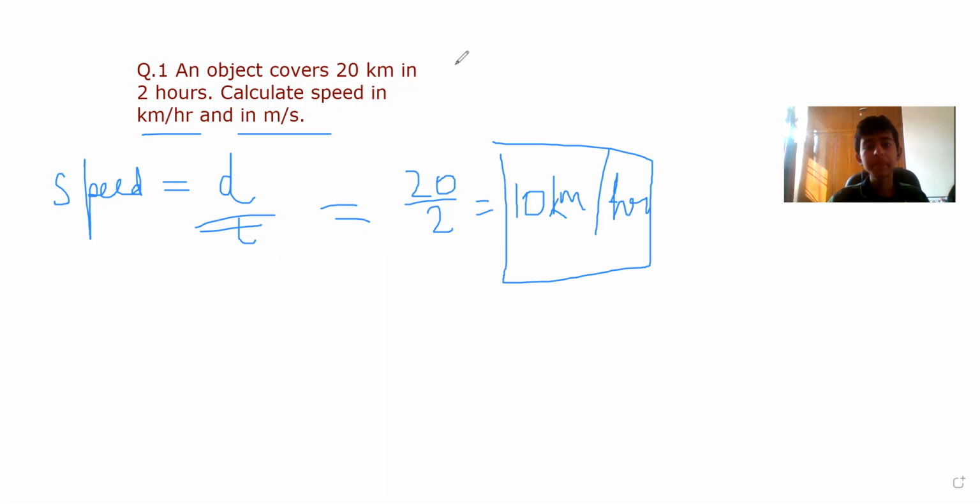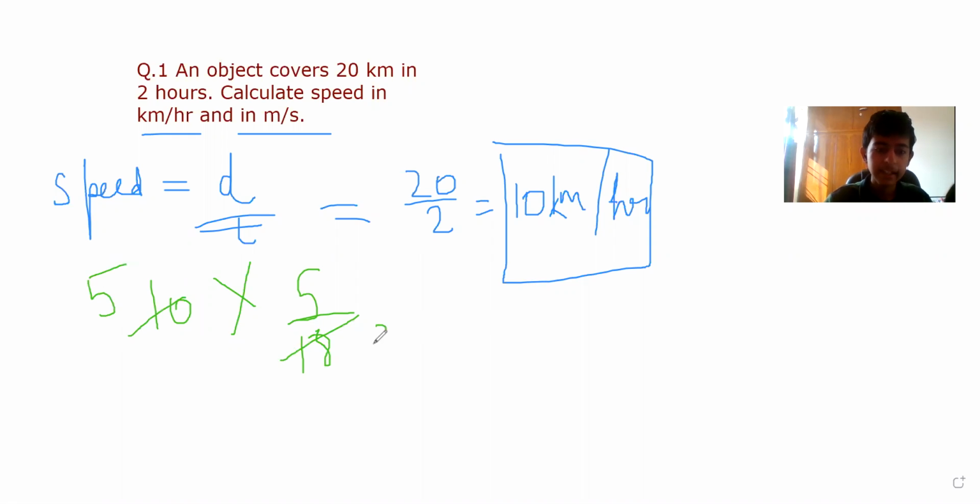How to convert into meter per second? Just now I have told you. If you want to convert into meter per second, you have to multiply by 5 upon 18. So multiply 10 by 5 by 18. 2 5s are 10, 2 9s are 18, so it becomes 25 by 9.